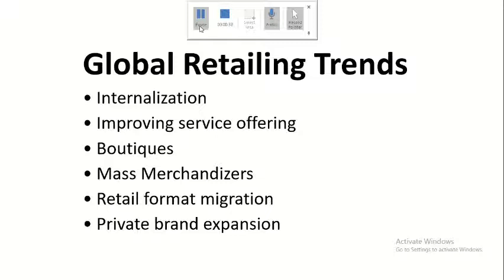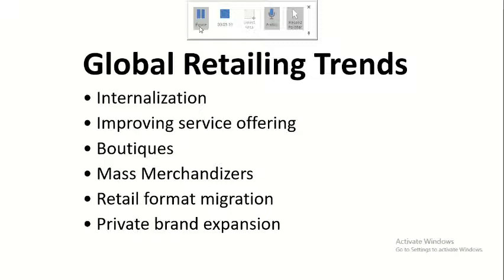And the second is improving service offering. Global retailers also focus on adding value to the customer experience by providing some assistance or service with the product. And then the third is boutique. The business organization moves towards specialty stores concentrating on a single product line or category to gain global recognition for their expertise in a particular product or service.